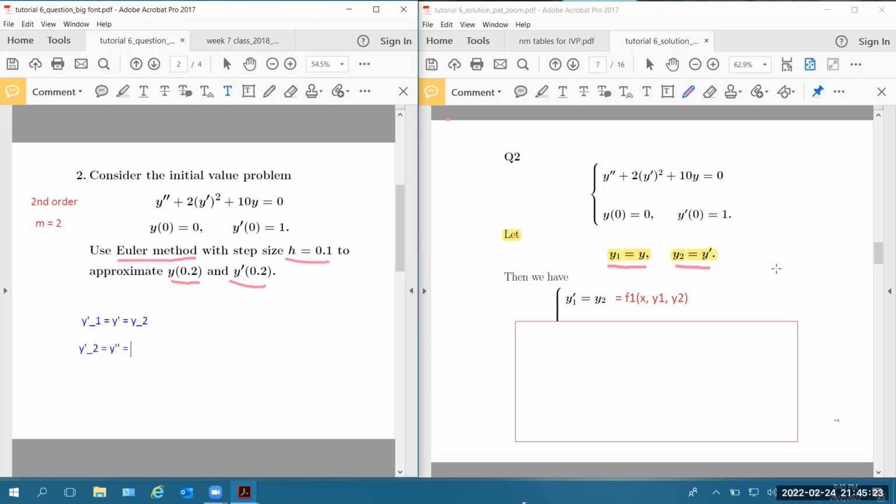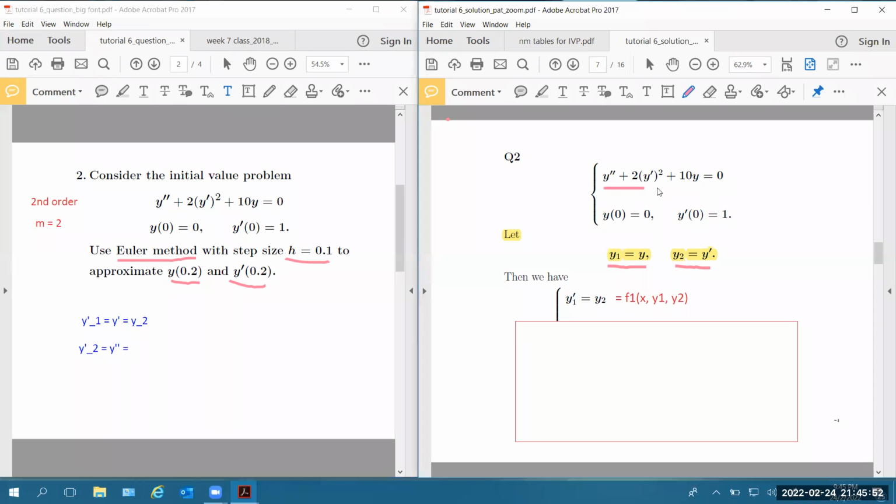Is it y3? No, it's not y3. Then how to get y double prime? It's actually on this page. Can you see your y double prime here?